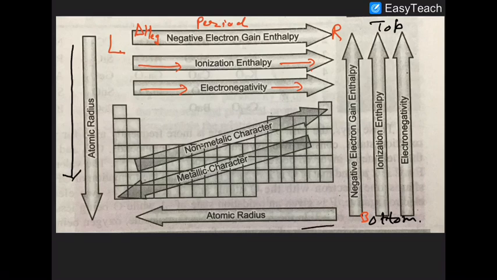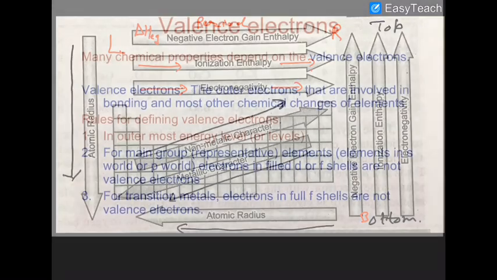Atomic radius also increases if we move right to left, so left to right will be the reverse order. Non-metallic character increases if we move diagonally from left to right, and metallic character increases if we move right to left diagonally. So these properties must be in your mind always.